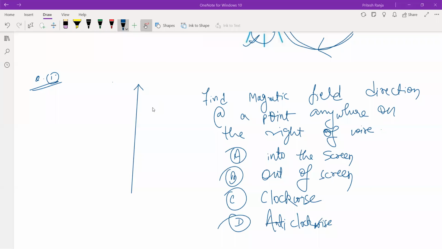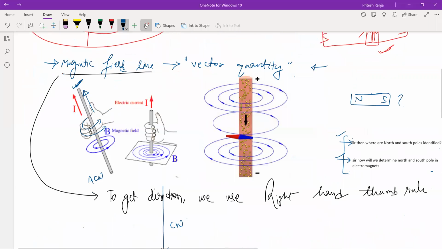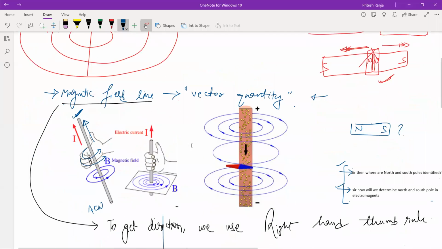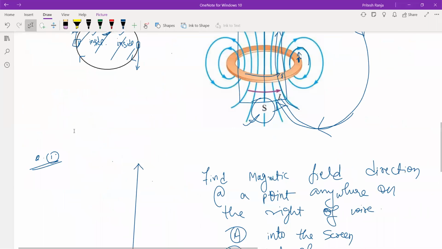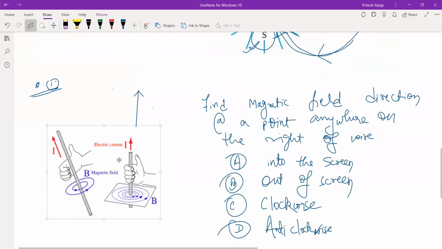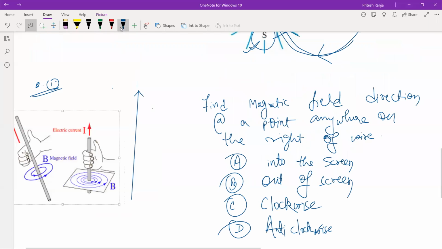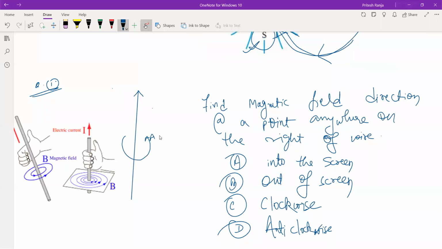Now if I bring it here, around this wire we can say it is anti-clockwise, right? Around the wire, it is anti-clockwise.